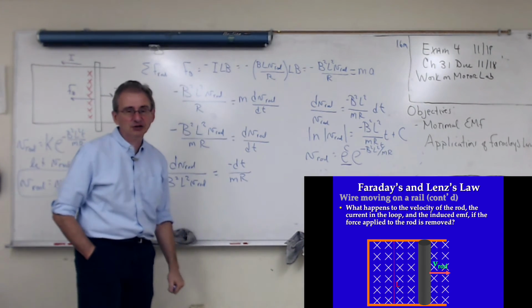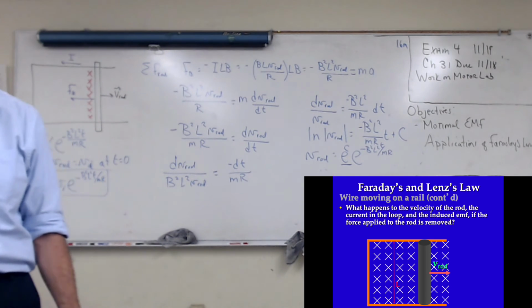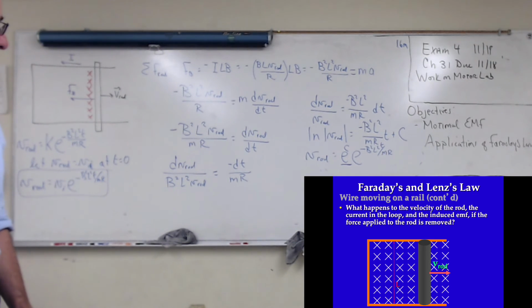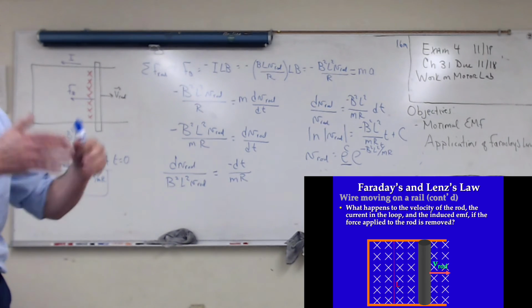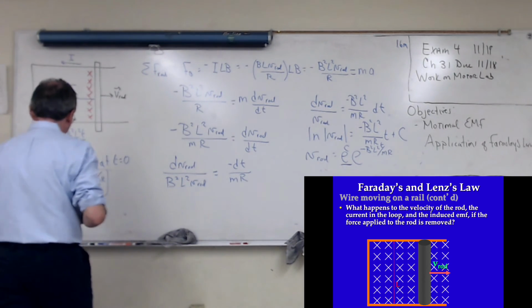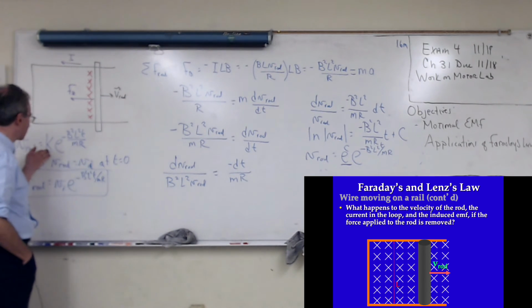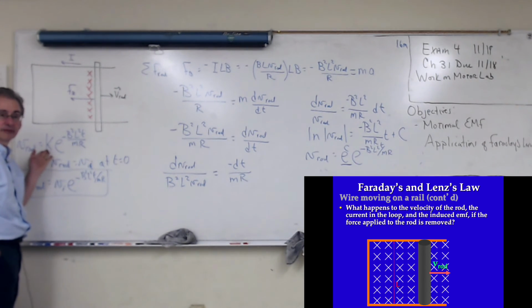I used to write e to the c as c because I don't care what the value is, but students didn't like that, so I changed it to e to the k. But then you change k to v naught, correct? Yeah, because I said, okay, what is this number?